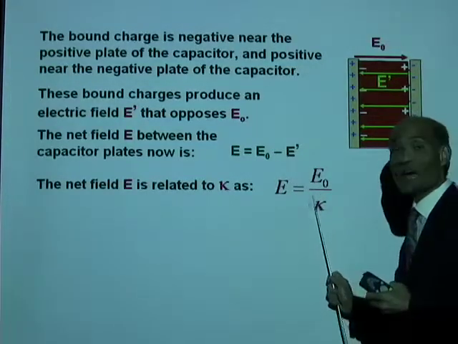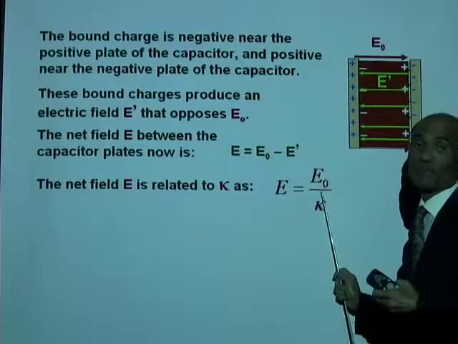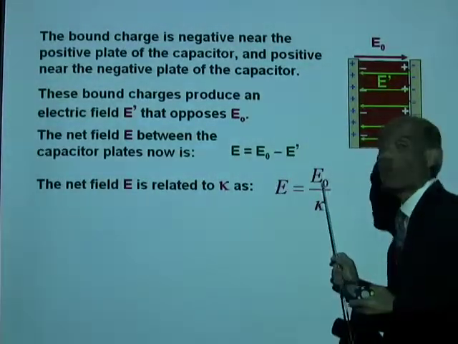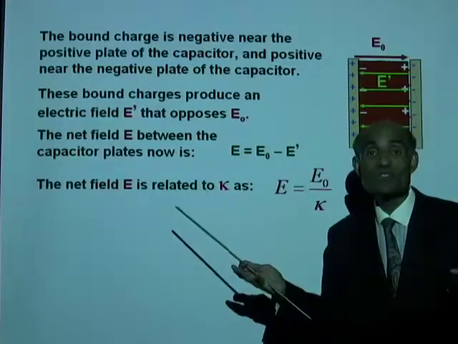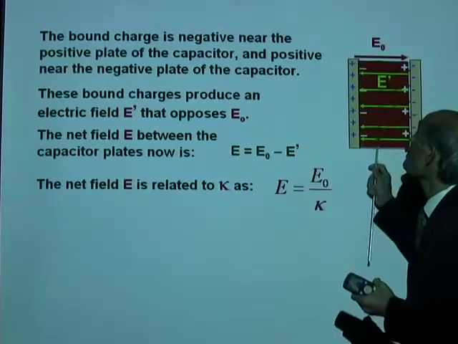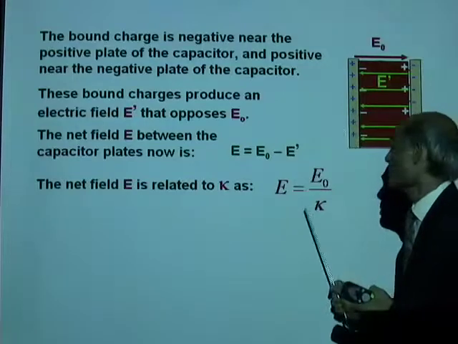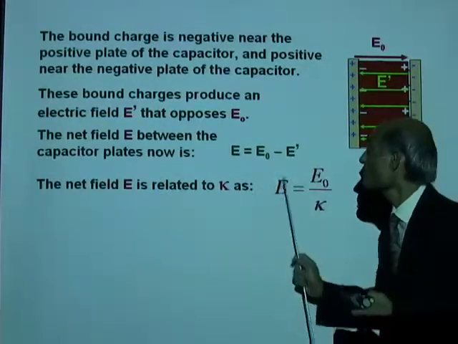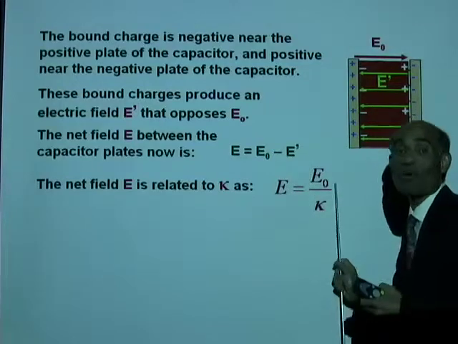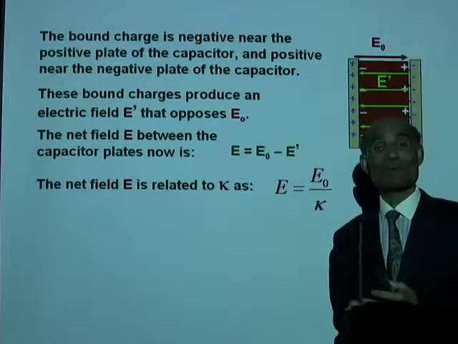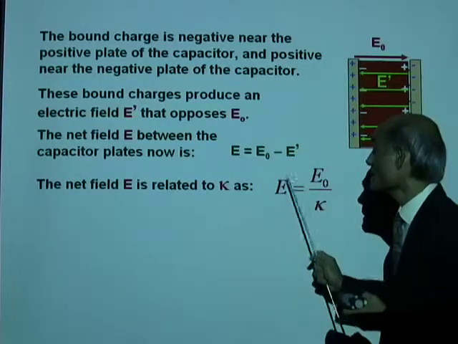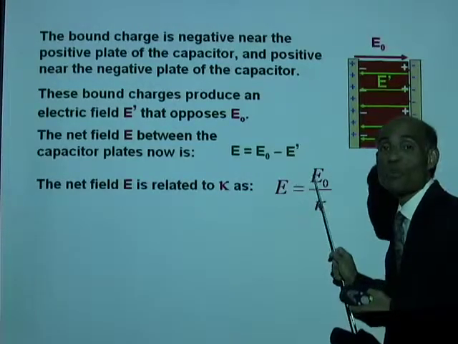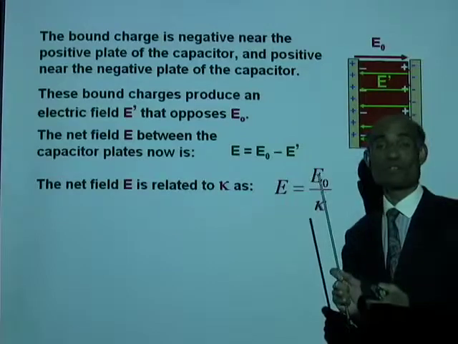If kappa is 1, then the net field and the original field will be the same. In other words, there will be no E prime. But if kappa is 2, then the net field E will be half of the original field. And if kappa is 3, then the net field will be 1/3 of the original field.